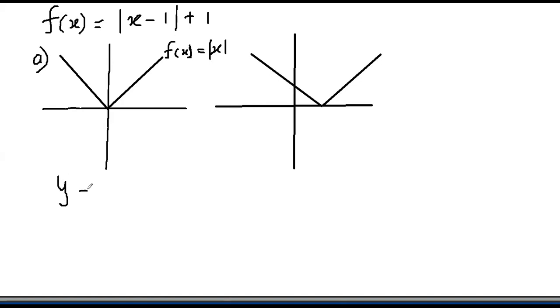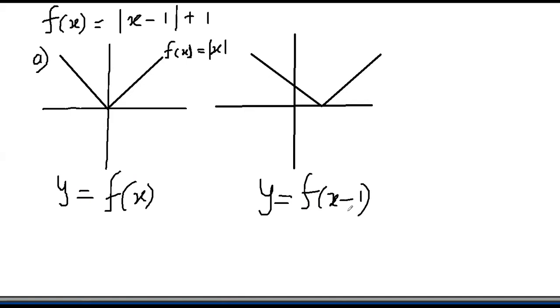This function we call y equals f(x). This one is like y equals f(x minus 1). If we want to find x minus 1, we have to add plus 1 to x. Therefore, this point is sent in the x direction by 1.